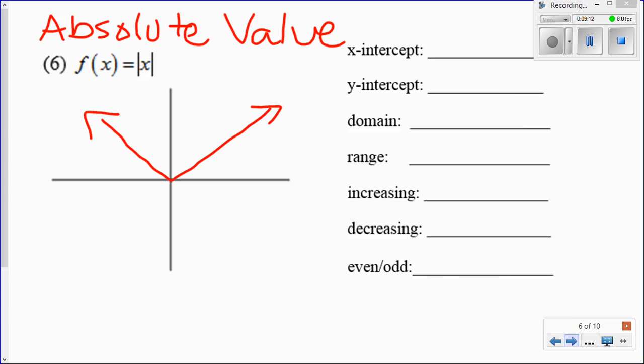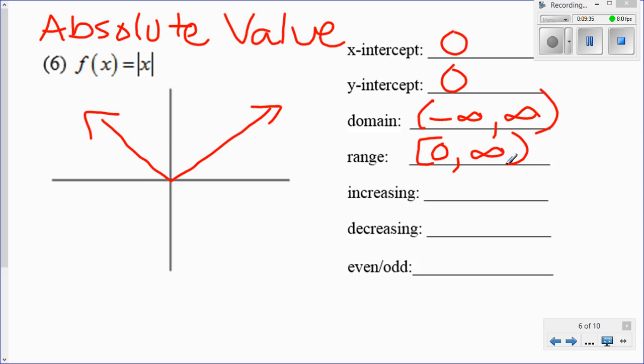And again, it goes through the origin. So the x-intercept is 0. The y-intercept is 0. The domain, if we look at the graph, left side and right side, we have arrows on each end. So the domain is negative infinity to infinity. And then for the range, if we look at the graph from the bottom to the top, our y values actually start at 0 and then continue to infinity.